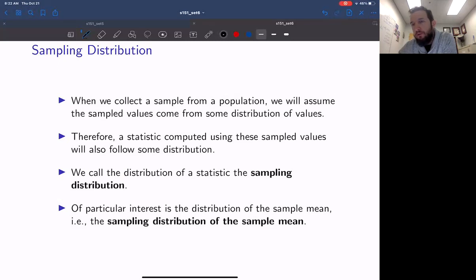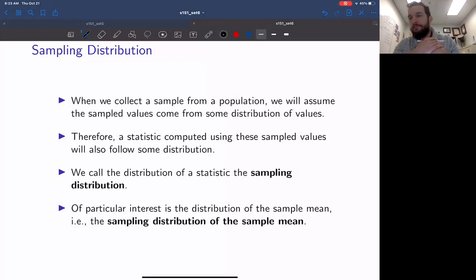Now what we are doing is taking that same idea, but extending it to a statistic. Essentially, I can collect a sample, and from that sample, I can build a statistic. The sample will have its own distribution, and the statistic will also have its own distribution. The sampling distribution refers to the distribution of the statistics that I have calculated.